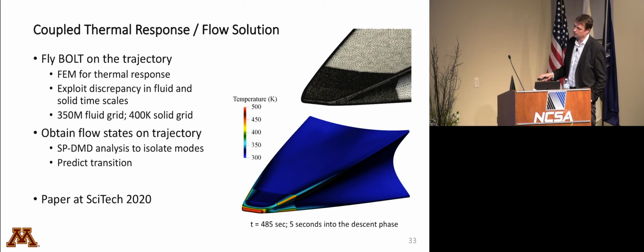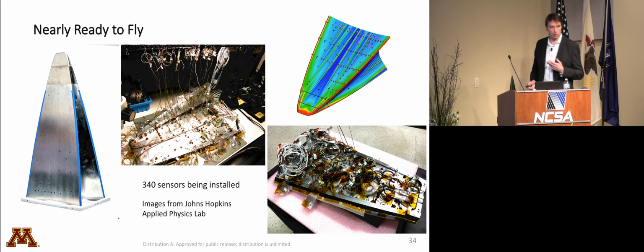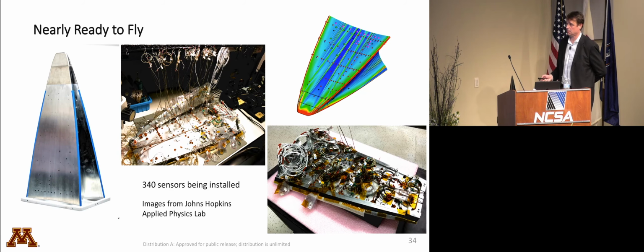You can see here on Bolt that there's actually a non-trivial variation in surface temperature because the nose is made of tungsten, there's a stainless steel region, and then there's an aluminum region, and the different thermal properties result in different temperature distributions. Okay, so this baby is almost ready to fly. Here is the build-up that I showed earlier.